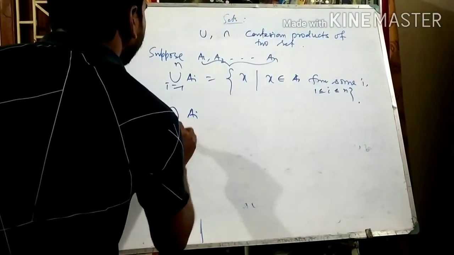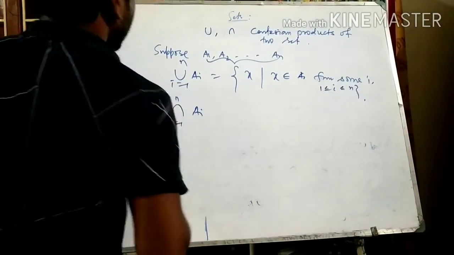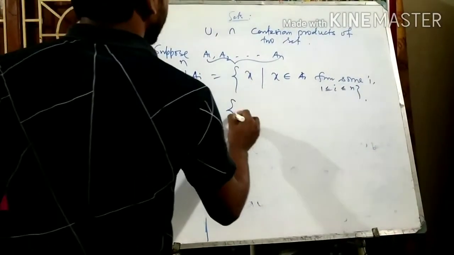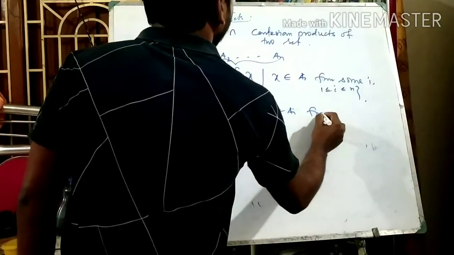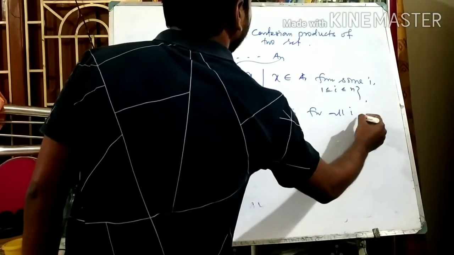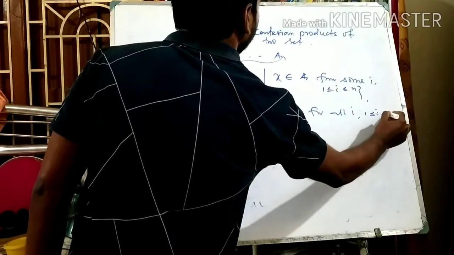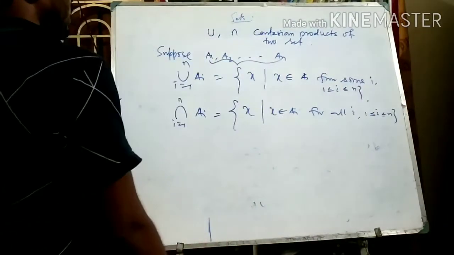The intersection of these sets is such that x belongs to Ai for all i, 1 less than or equal to i less than or equal to n.